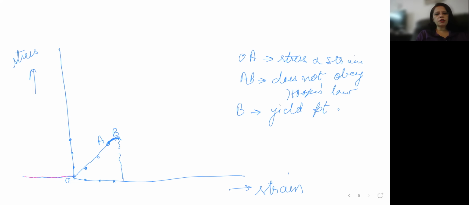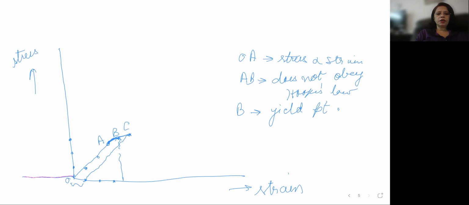So on increasing more of the stress, what will happen? If I take this point as C and I remove the deforming force, then the wire will try to come to its original position, but it does not come back. There is a permanent shift over here. What happens?